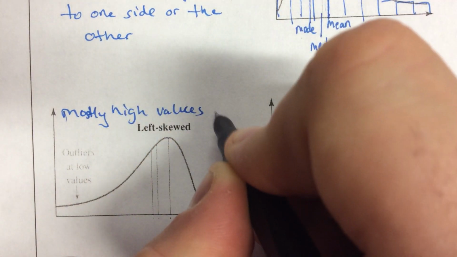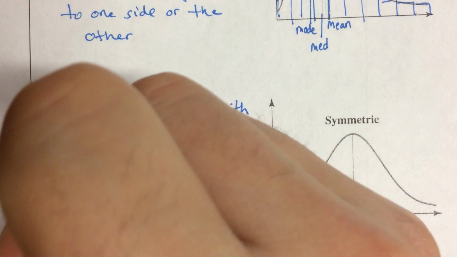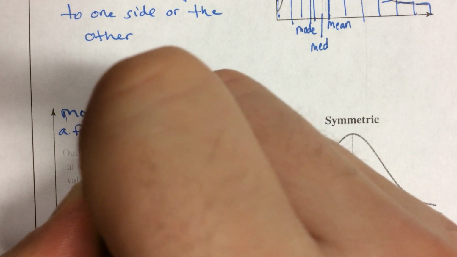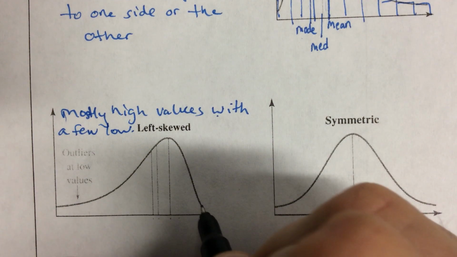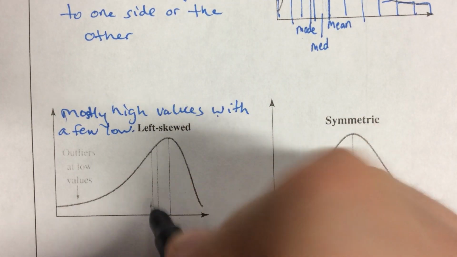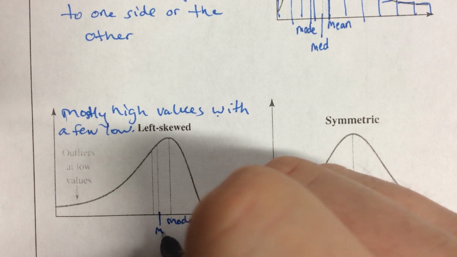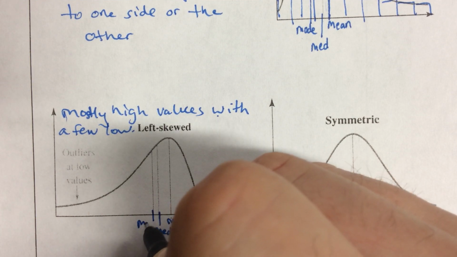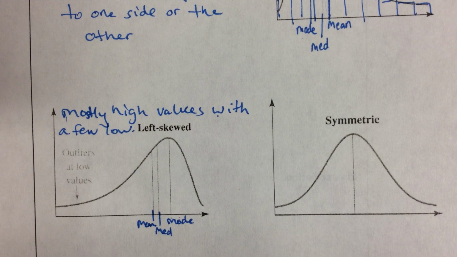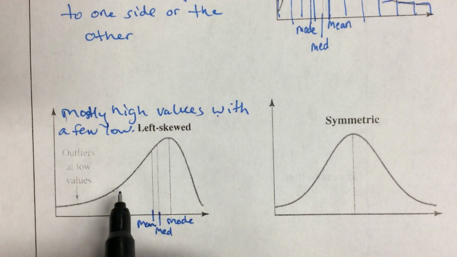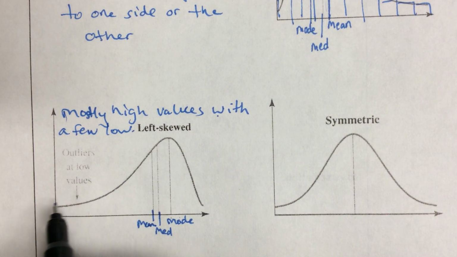So it's mostly high values with a few low. Okay, so mostly high values, same three lines, mode is the highest, median is the middle, mean is the other. Okay, and our outliers, things that are going to be low values. There's not going to be very many of them.